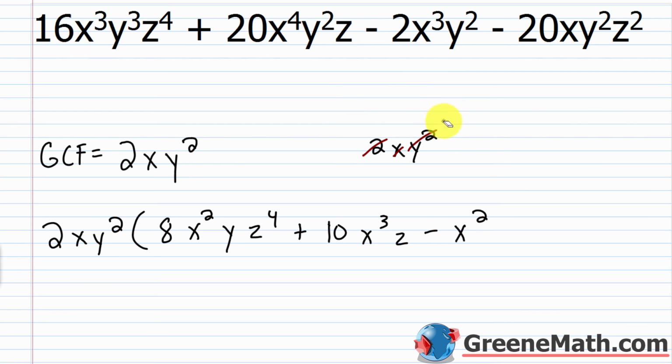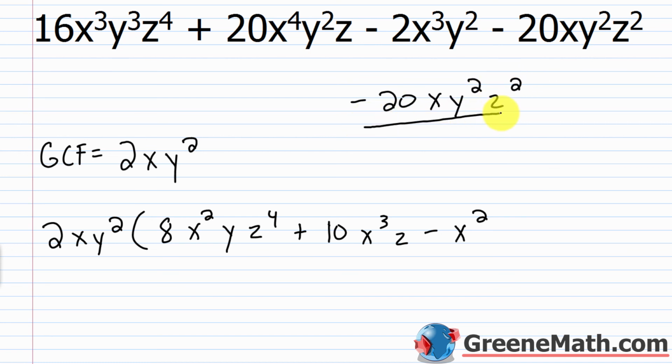And then lastly, we have this term here, which is negative 20xy squared z squared over 2xy squared. Okay, so let's divide this by this, and I'll get negative 10. And then x over x is 1. Y squared over y squared is 1. So essentially, I'll just have negative 10z squared. So minus 10z squared. So now I'm done.